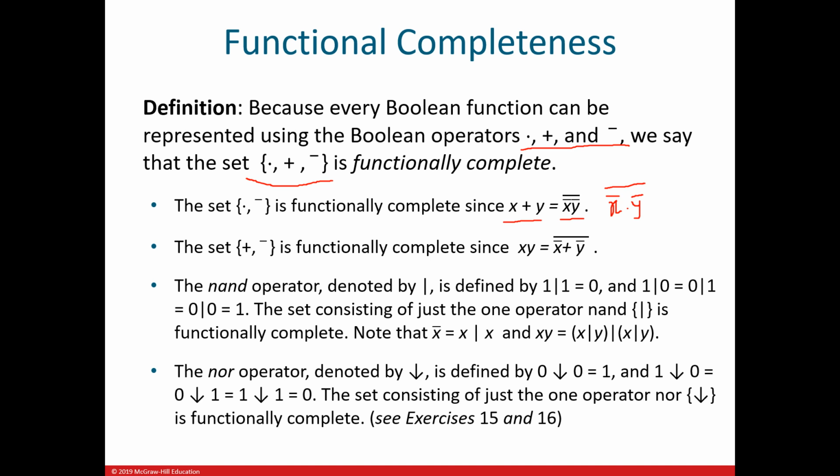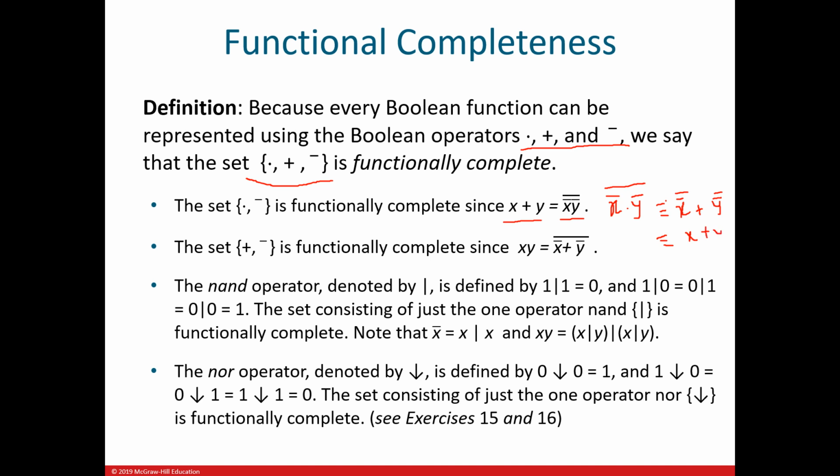What happens here is, if we use De Morgan's law, then this complement will change, and this will be equivalent of saying x complement sum y complement, and that is nothing but x plus y, or x sum y.